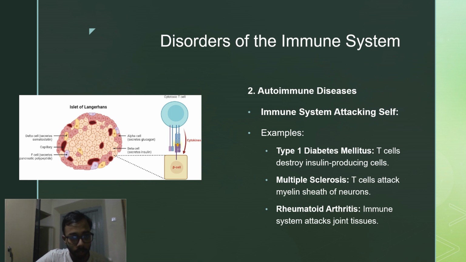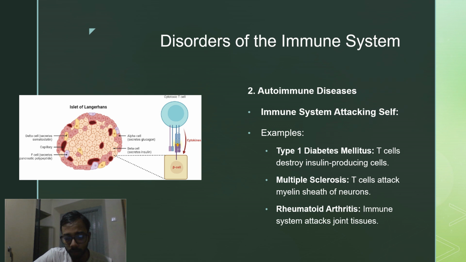Your pancreas has areas called islets of Langerhans that have an endocrine function. There are various types of cells in them. Alpha cells secrete glucagon, which is a hormone, and beta cells secrete insulin, which is another hormone that reduces blood glucose levels. In type 1 diabetes, these T cells destroy the pancreatic beta cells, so the production of insulin is reduced.